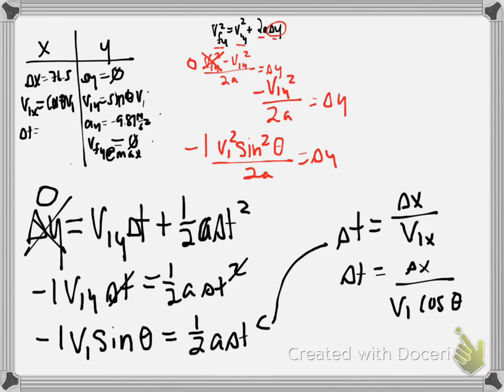So now we can put this in for that delta t, and from there it's just algebra. It's actually the same algebra you just did recently, right? You're creating an expression for vi, and then once you get the expression for vi, it goes in there.